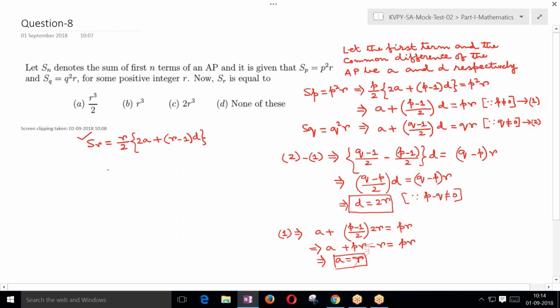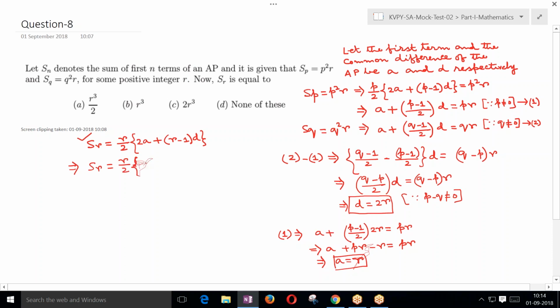Now if we apply the value of A equal to R and D equal to 2R in SR, what we get? It is R/2 into twice of A. What is twice of A? Twice of A is nothing but 2 into R. So it is 2R plus (R minus 1) into D. D is 2R.